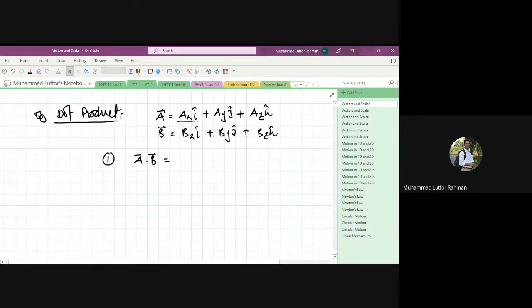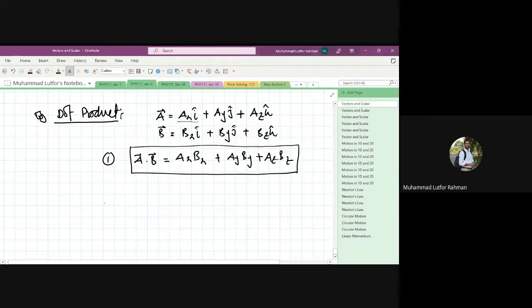That means the similar identities i dot i, j dot j, and k dot k will survive, but the dissimilar identities will vanish. So from that we can write it would be ax bx plus ay by plus az bz, right? If you do that step by step, you will find out. I'm not going to do that one. I hope you can do that using the unit vector properties of the Cartesian coordinate system.